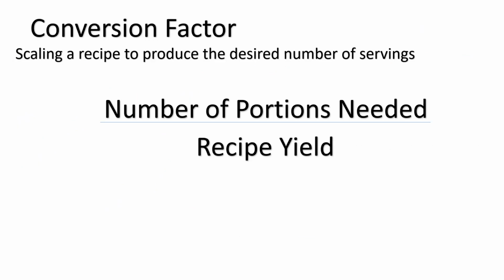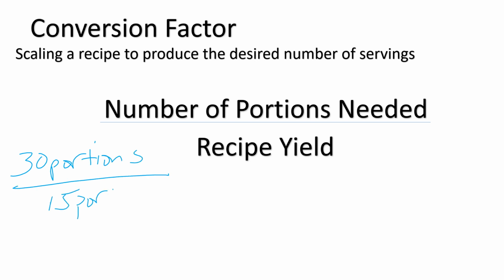All right, the next one I want to talk about is our conversion factors. So remember, as we're trying to prep for different meal periods, if we just want to double our recipe, we can just multiply everything by 2. That would be a conversion factor of 2. So for example, to figure that out, let's say that we need 30 portions, and our recipe yields 15 portions.